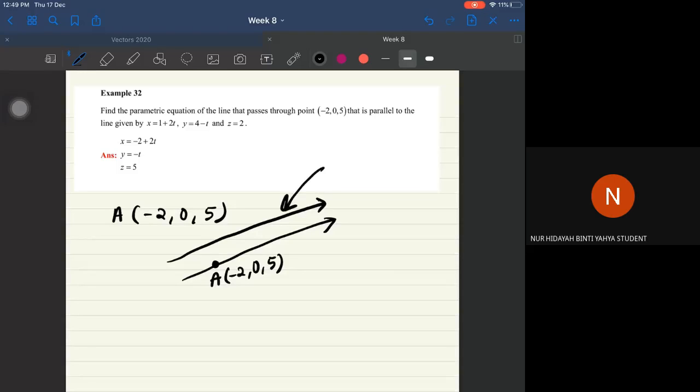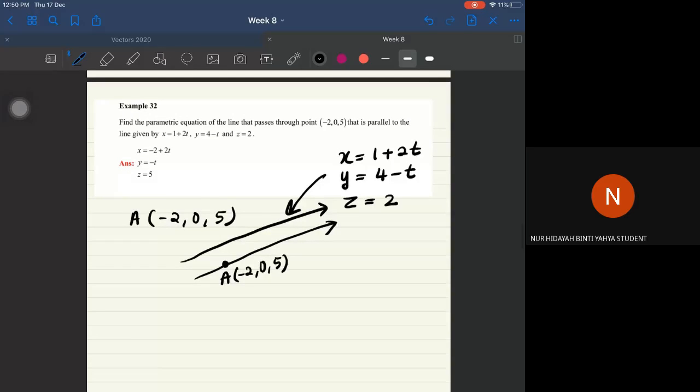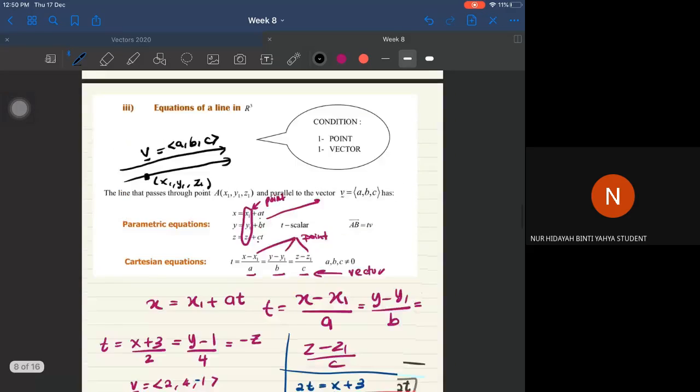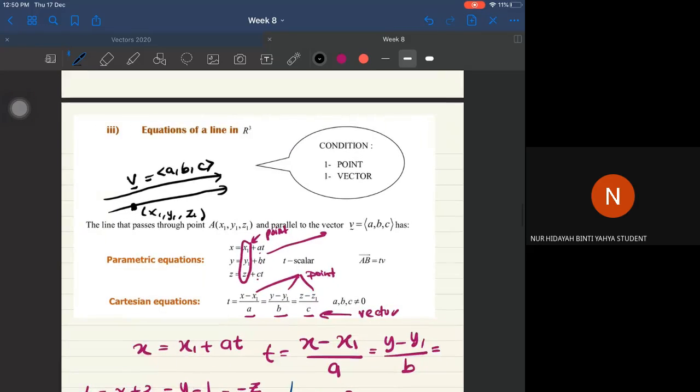So this line, equation of this line adalah x sama dengan 1 tambah 2t, y sama dengan 4 tolak t, z sama dengan 2. So tadi equation of the line, kalau you tengok kat sini saya dah bagi ni. Syarat dia mesti ada satu point, mesti ada satu vector.